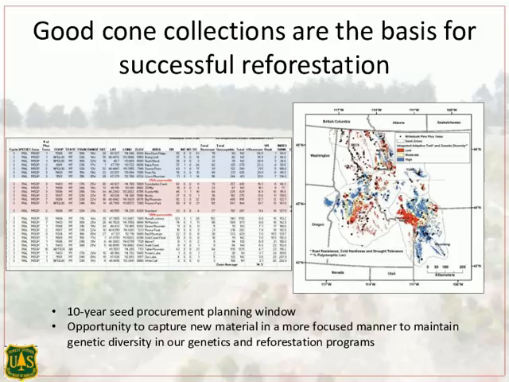So in our later rust screenings, beginning in 2008 with the Greater Yellowstone and the Central Montana seed zones, I began to group the selections by seed zones to facilitate seed orchard selections and also to prepare sheets that would indicate the rankings of each of the seed sources.